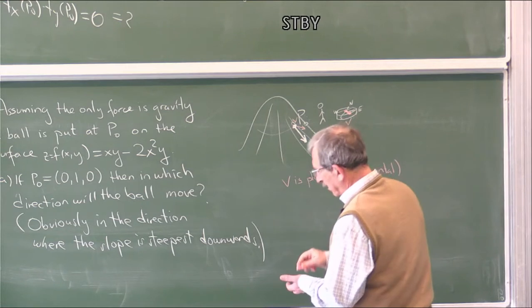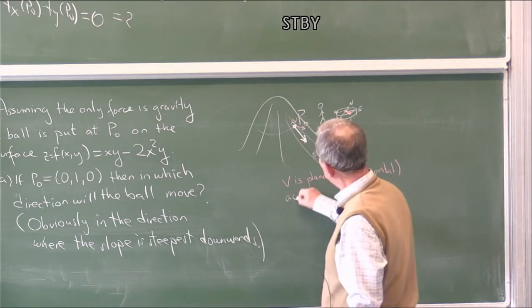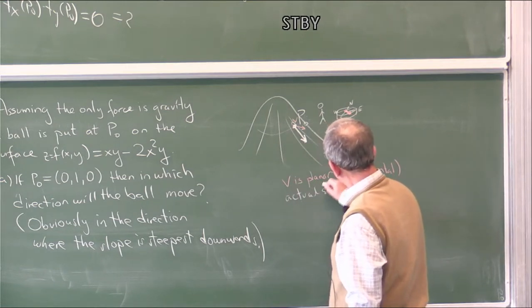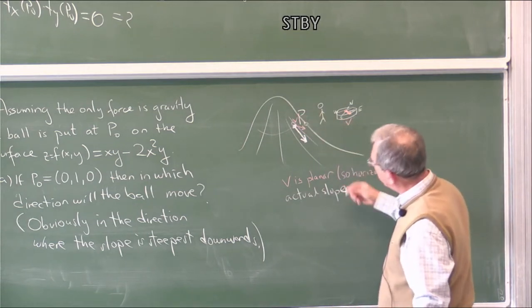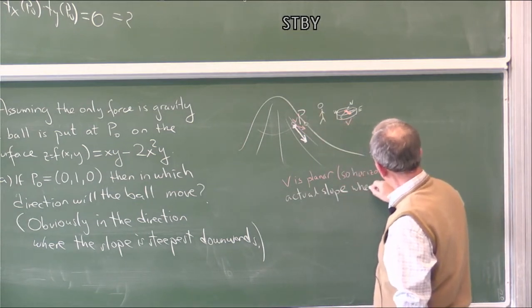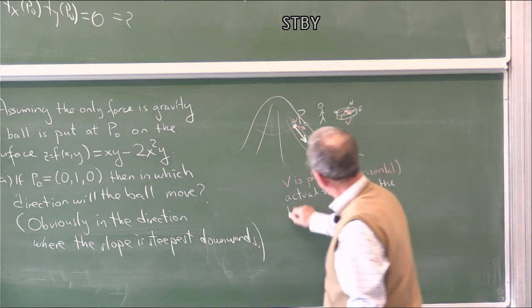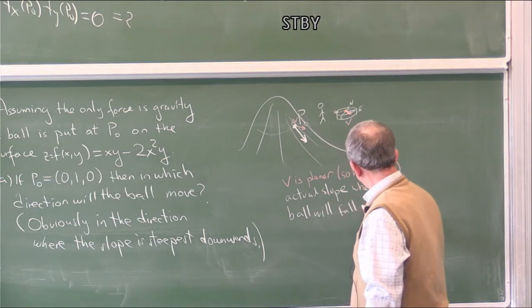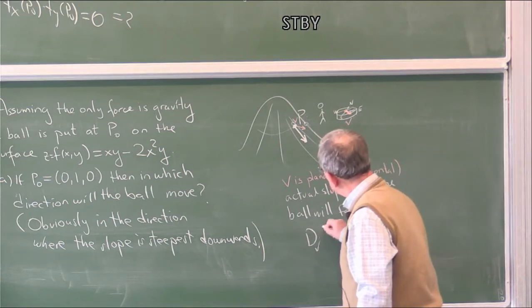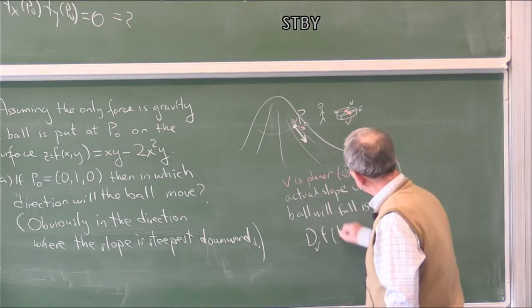But the actual slope where the ball will fall is d_V f at P0.